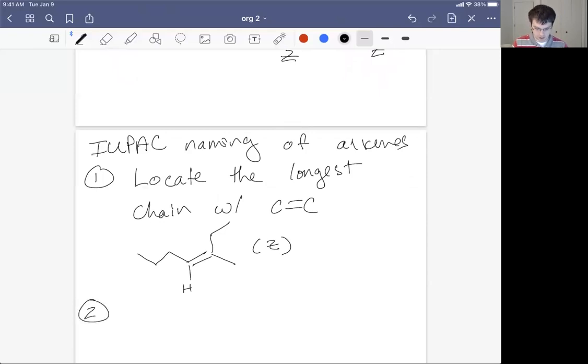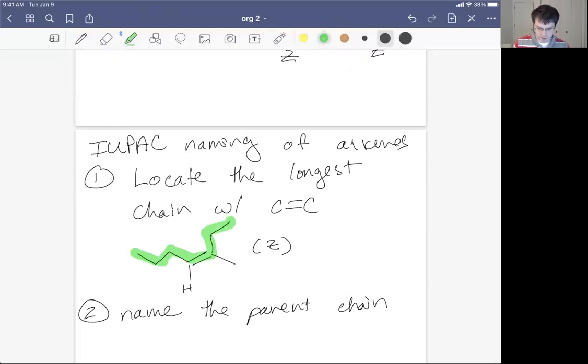Number 2, name the parent chain. I didn't do step 1 yet, so let me do that quick. The longest chain in the molecule is going to go this way, and so this is the parent chain. 1, 2, 3, 4, 5, 6, 7. So we have 7, so that's heptane.